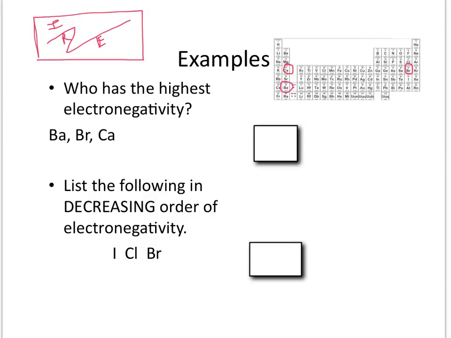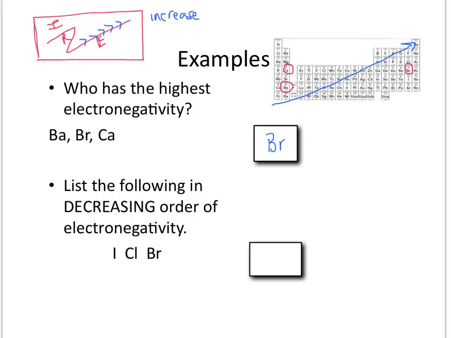And we talked about whatever movement of the sword, in this case it's going up again, is an increase in the property. So as we go from lower left to upper right, that is going to be an increase in electronegativity. And so that means for us that bromine is going to have the highest electronegativity value.